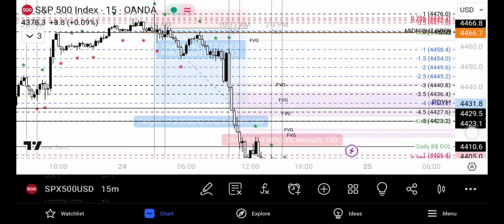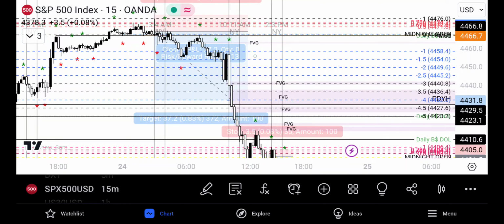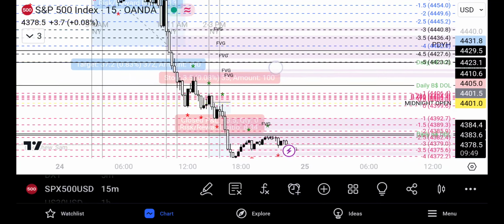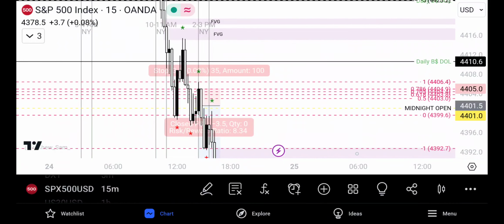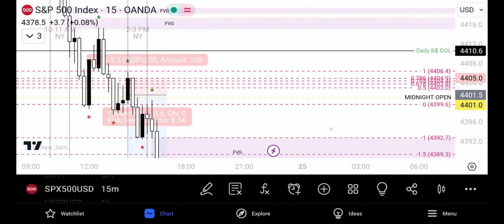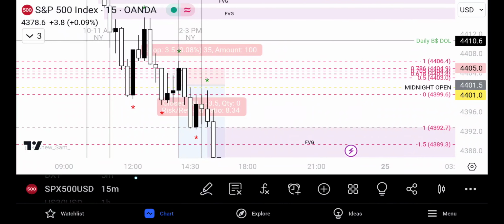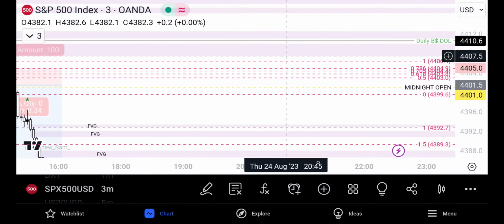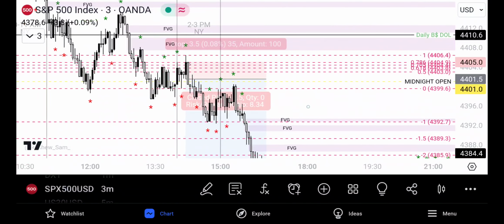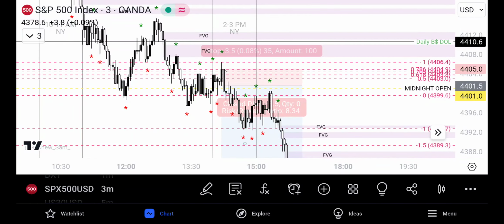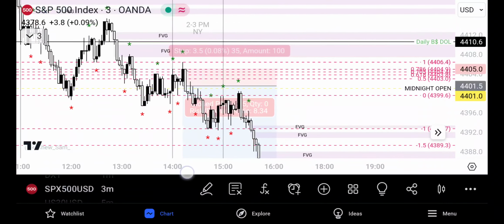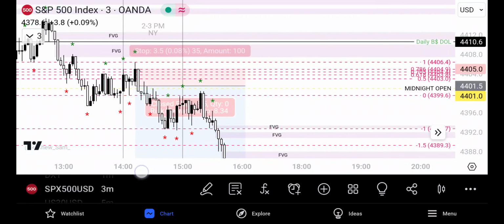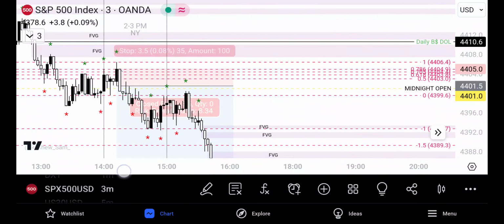So back to that. I've been holding that trade since London, and then we had the New York PM session silver bullet. Pull that up, and I believe that is the one that I took the silver bullet. I was watching this silver bullet before.